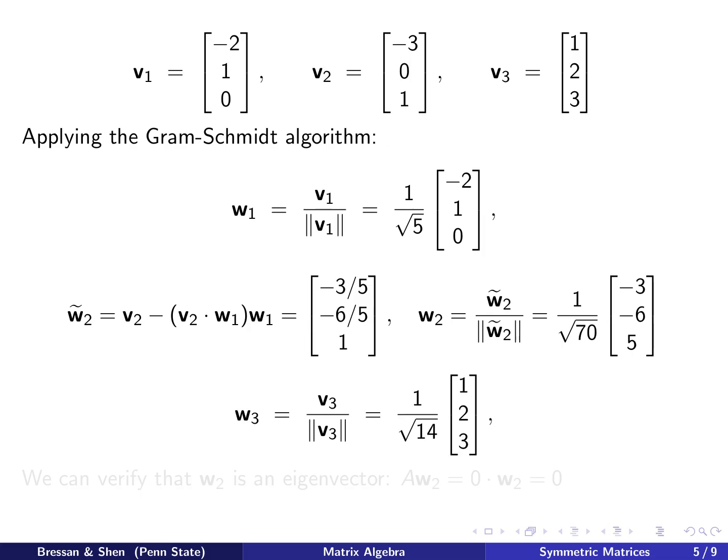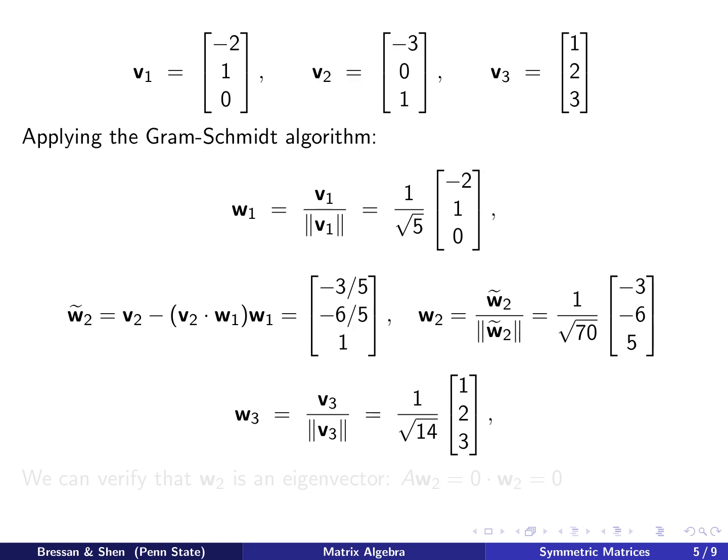And now for W3, we already know that V3 is perpendicular to V1, and V3 is also perpendicular to V2. And therefore, V3 would also be perpendicular to both W1 and W2.